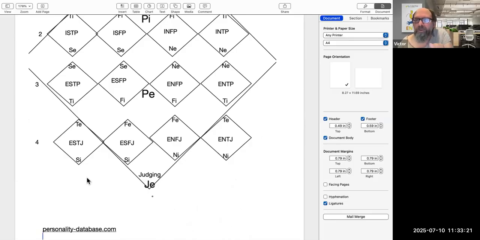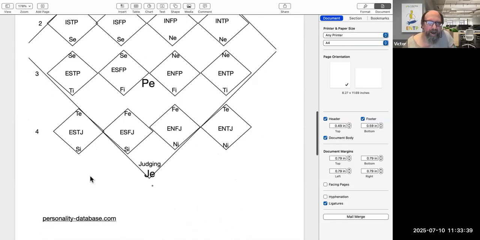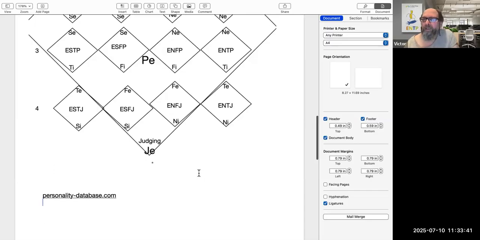I'm going to show you the pieces. I've put together a bunch of famous or well-known people and their function attitudes. I'm going to show you how to put this together. I got their type from the website personality-database.com.